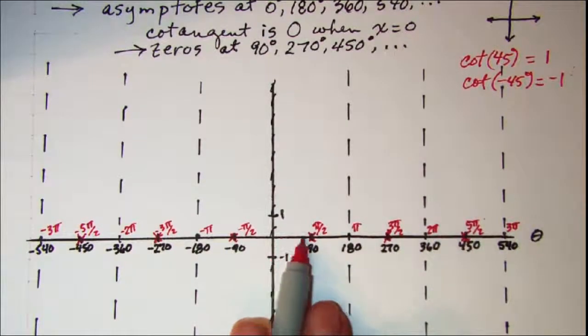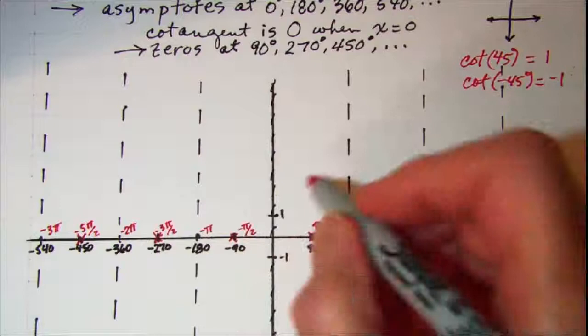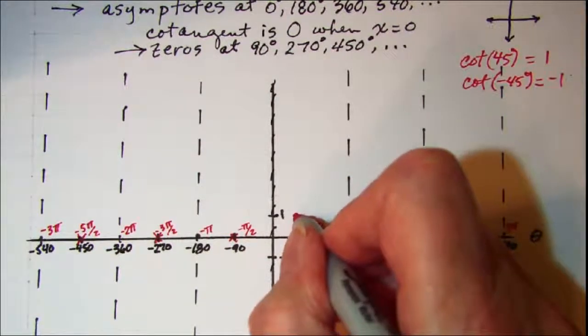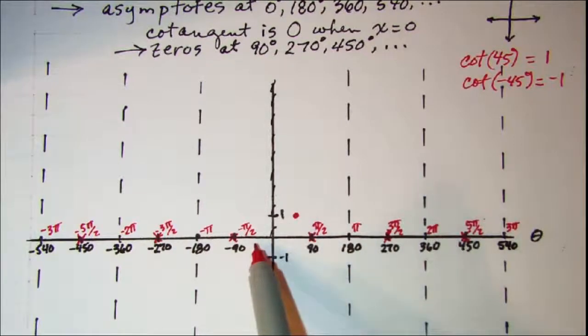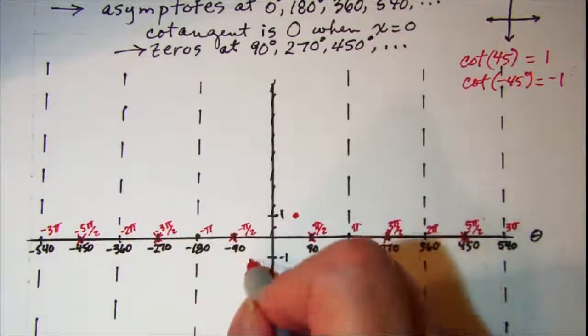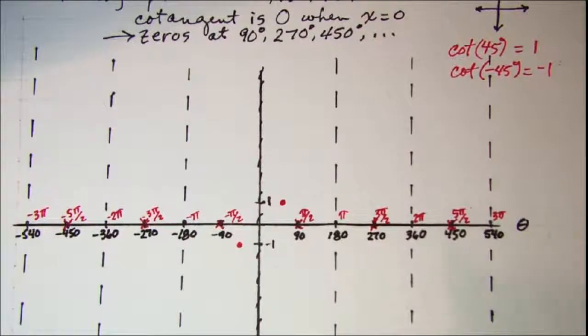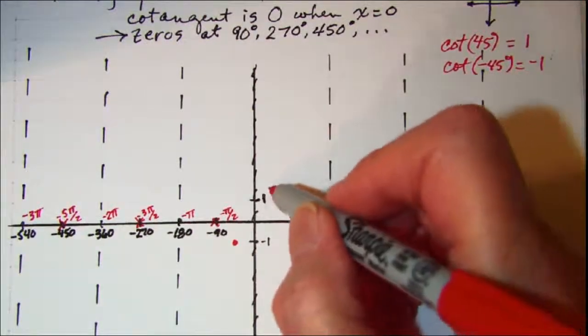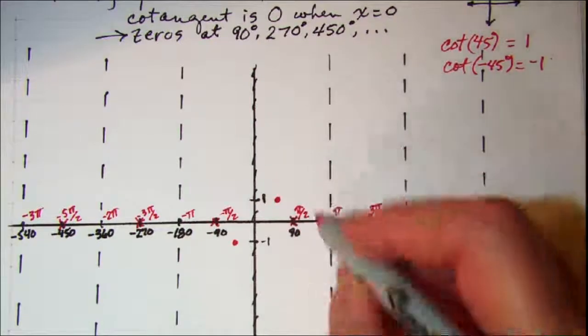So in this space right here, which represents quadrant 1, I have a cotangent of positive 1. And then I also know that in this space, which is negative 45, I have a cotangent of negative 1. And so I need to go along my asymptote and hit these 2 points.